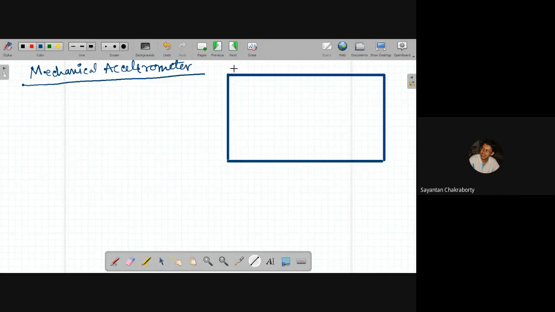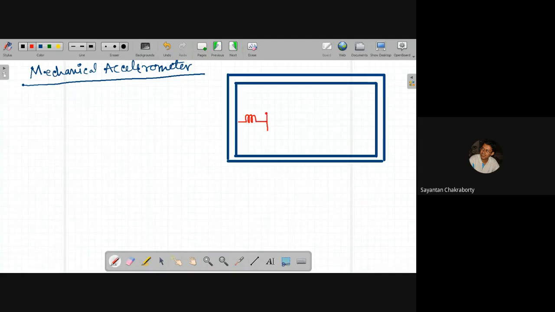We have a frame like this. Within this frame, we have a spring, a mass, and a damper arrangement.